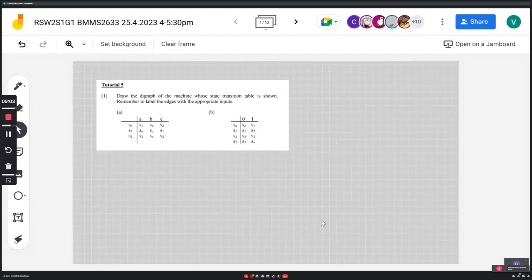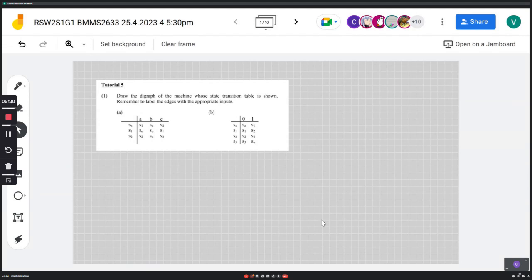Okay, question number 1 is just to draw the diagram of this table. This is a state transition table, so we need to know what is the effect after all the inputs A, B, C. So here, we will see what will happen after each of the inputs.